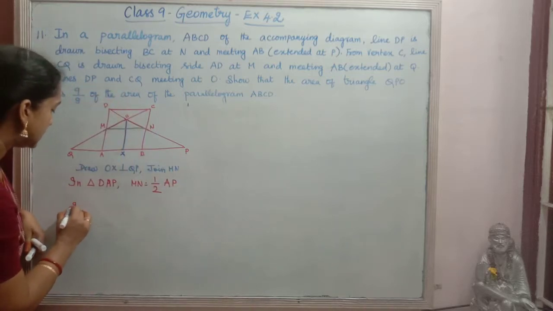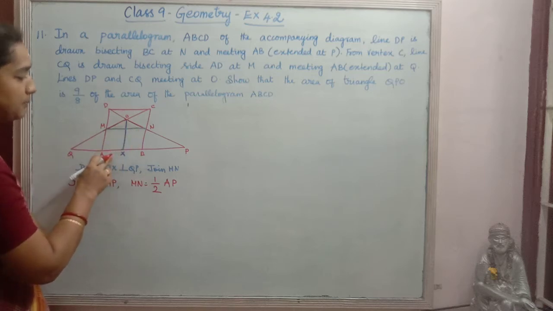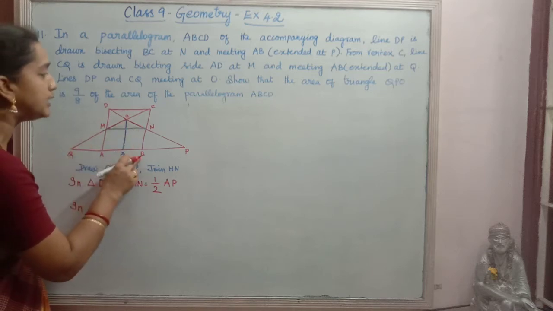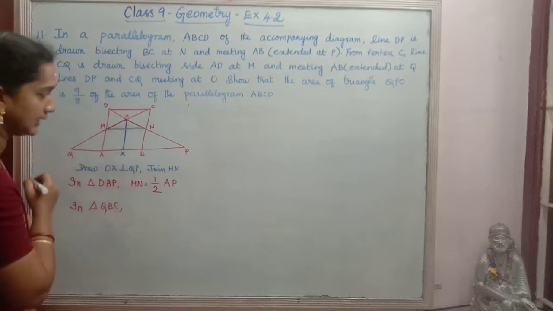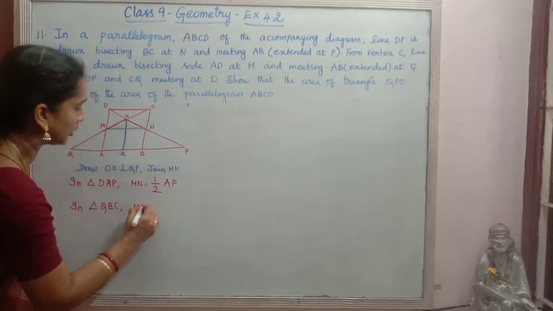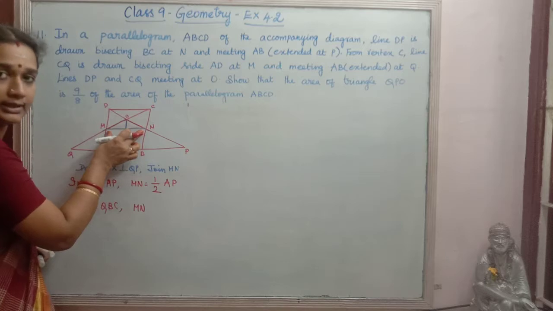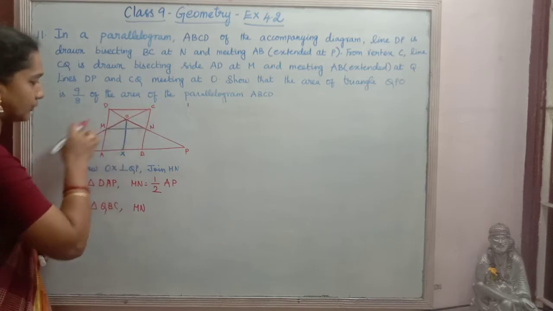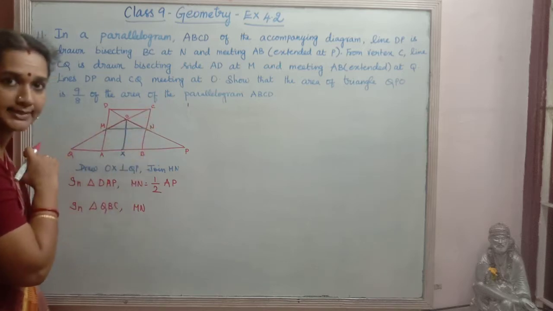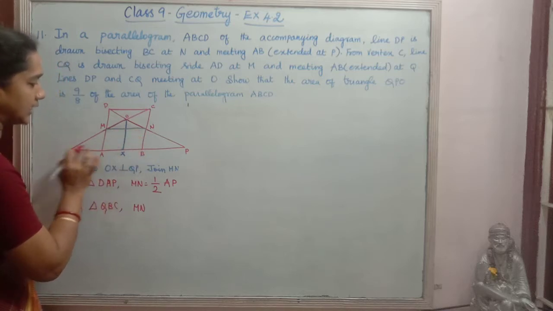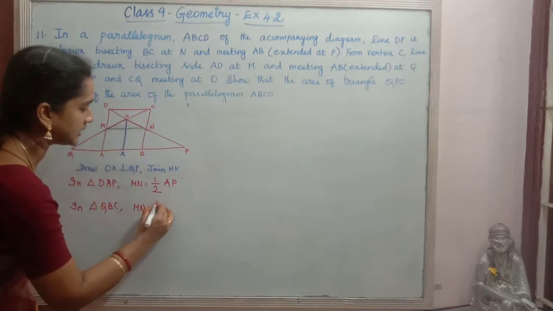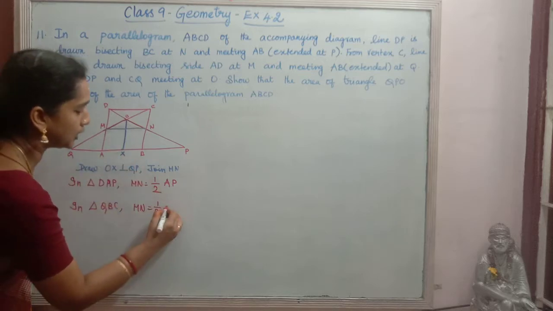Then the same way we will take the other triangle, that is QBC. In triangle QBC, M is the midpoint of QC and N is the midpoint of BC. So MN is equal to half of QB.